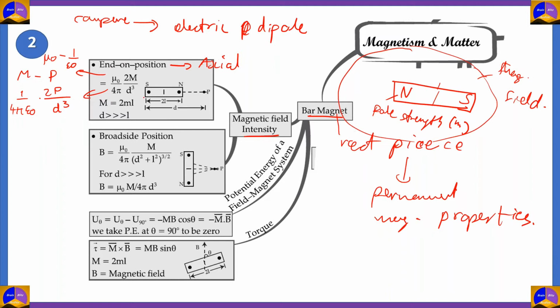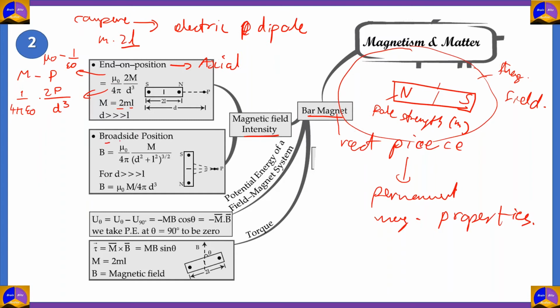So now we know that a bar magnet can be easily compared with an electric dipole. The capital M here represents magnetic moment, which is represented as m times 2l. 2l is the distance here, and m is the pole strength, which we can partially think of as charges, but magnetically.